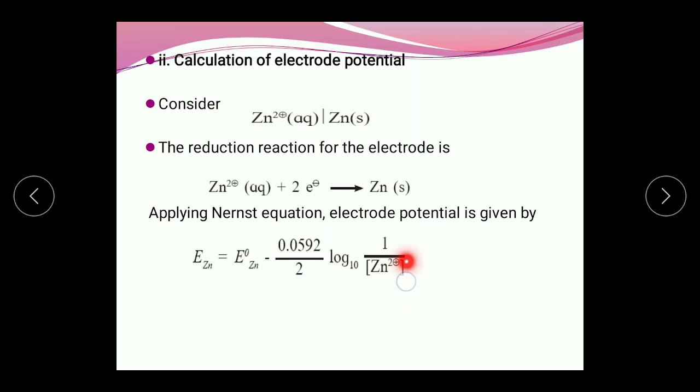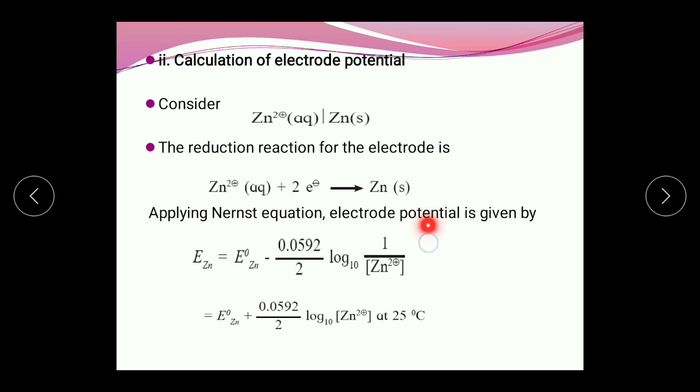In the numerator, the product of concentrations of products, as it is in solid state, will be 1. On the left hand side, what will be the reactant? Only Zn+2. This 2 will come here in place of n. So in the denominator, the concentration of Zn+2. That equation is somewhat rearranged, or revised, like this. That 1 is cancelled and here the sign is changed.